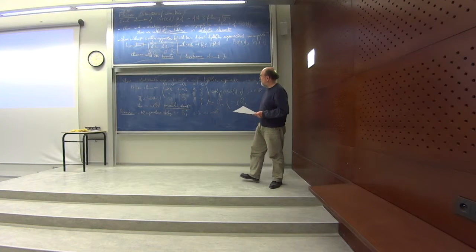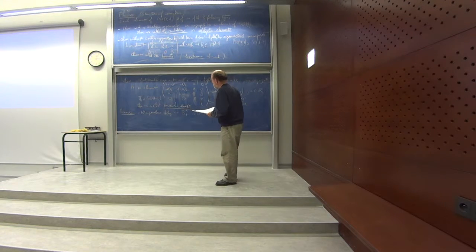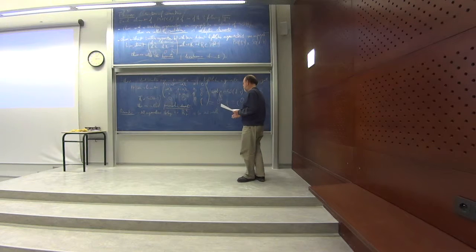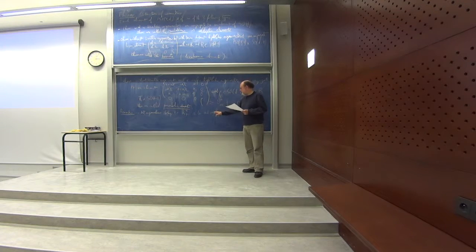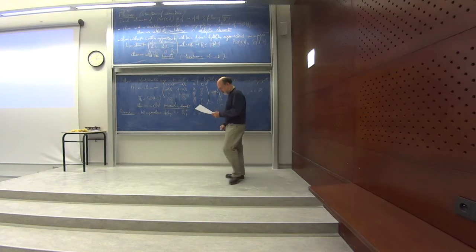For any isometry, you can have only positive eigenvalues or eigenvalues with modulus 1.